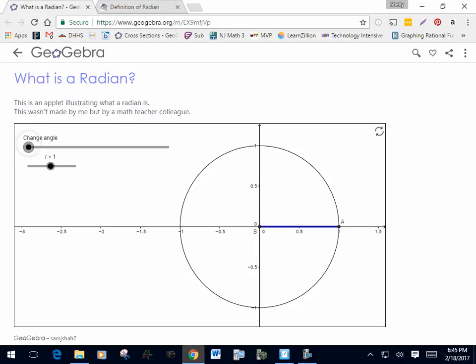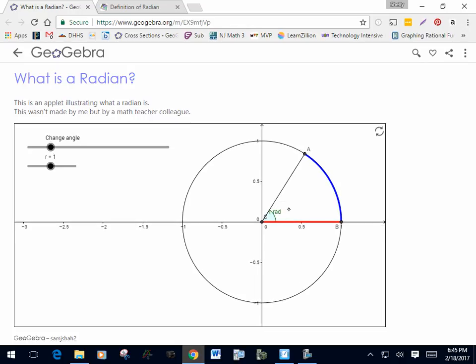So I'm going to take that radius that's blue and just wrap it instead around the edge of the circle. Oops, too far. Well, the angle created right here, sorry, this angle is exactly 1 radian. And 1 radian is equal to about a little teeny bit over 57 degrees.